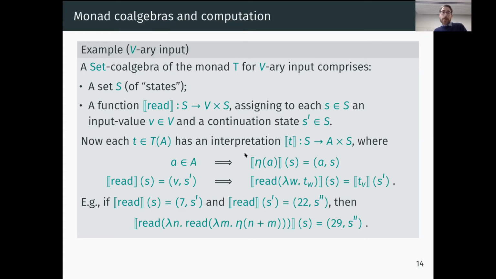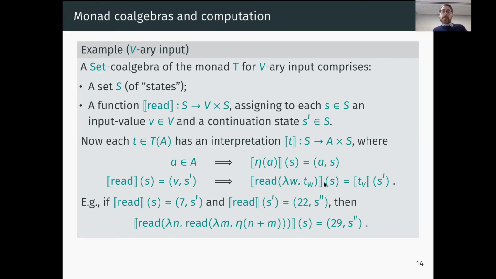If I've got this computation which is just return A, and I run that from state S, then I'm just going to return the same state S and the value A, because that's what my program tells me to do.